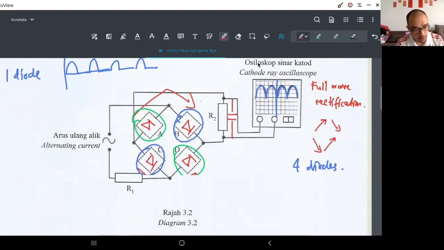So just to remind you, this is a battery, dry cell. But a capacitor is like this. The line is the same length, and so the capacitor is the one that you want to add, to make a full wave rectification flatter.